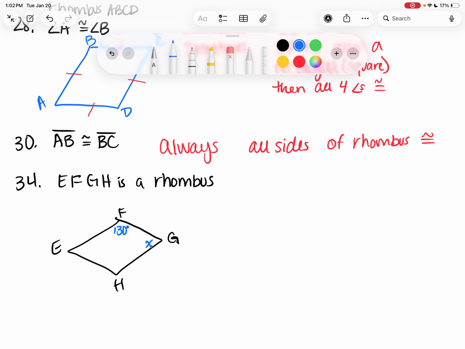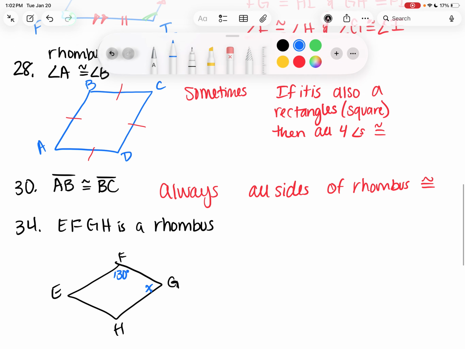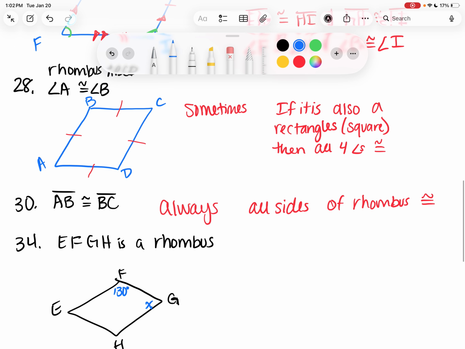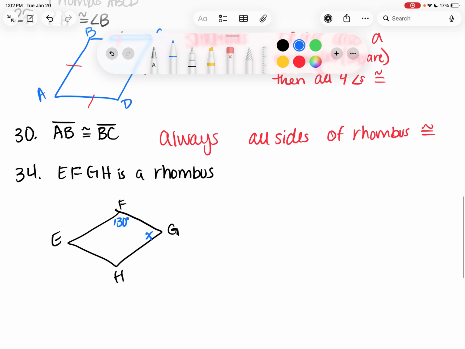That's what a rhombus looks like. Well, it's basically a slanted square. Kind of looks like a diamond. They kind of are all the same thing.